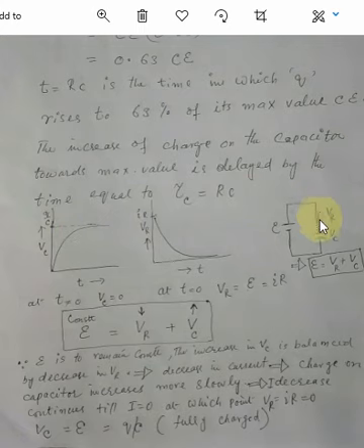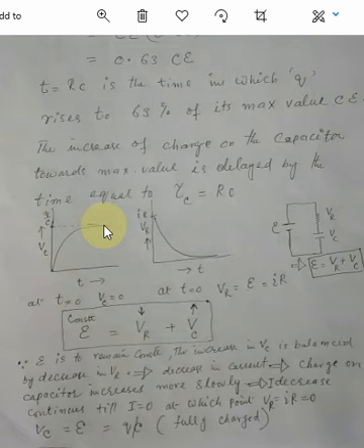But due to the potential difference, the current will still flow until this gets fully charged, or the potential across the capacitor becomes equal to E. When this potential difference vanishes, then the current will stop, and at that point, that will be actually the point at which the capacitor has become fully charged.